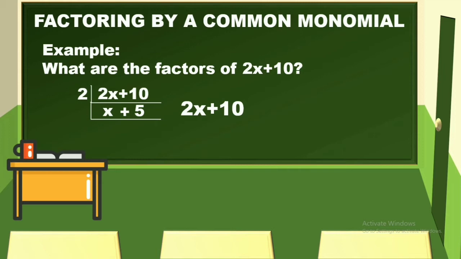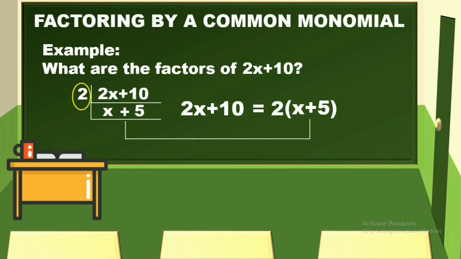The factors of 2x plus 10 is the GCF, which is 2, outside of the elbow, and the other factor is the last expression that we have on the last elbow. And what is that? x plus 5.